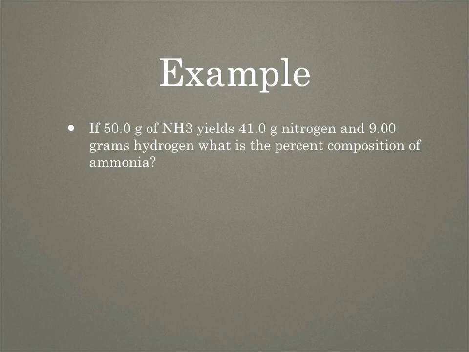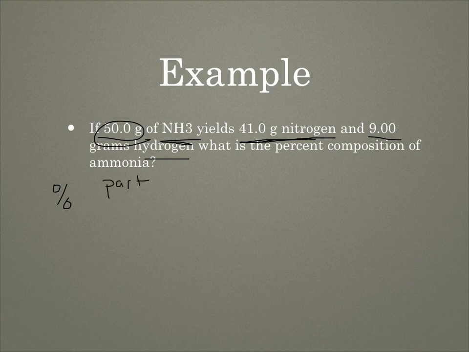Let's say that you've got 50 grams of NH3, and you separate it out, and you find out that you get 41 grams of nitrogen and 9 grams of hydrogen. Well, remember, when you're trying to find percents, I always say it's part over whole. So what part you're talking about. Let's say I'm talking about nitrogen.